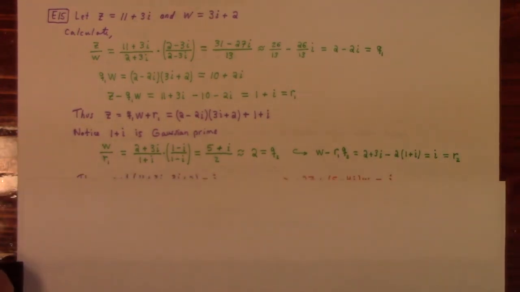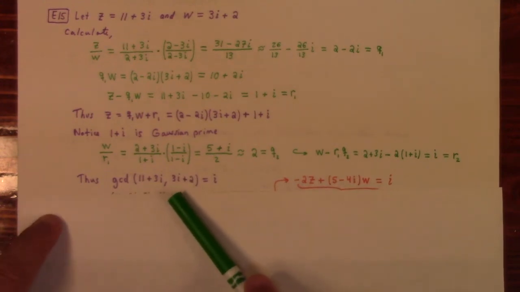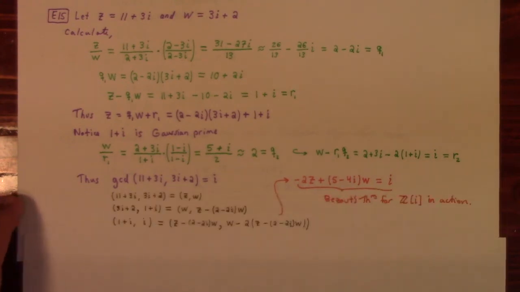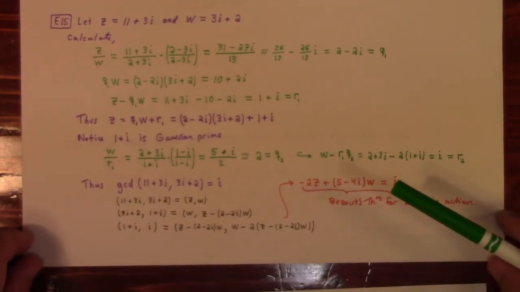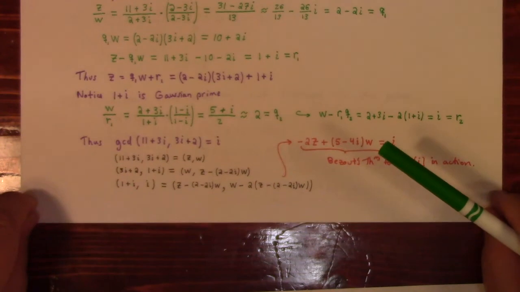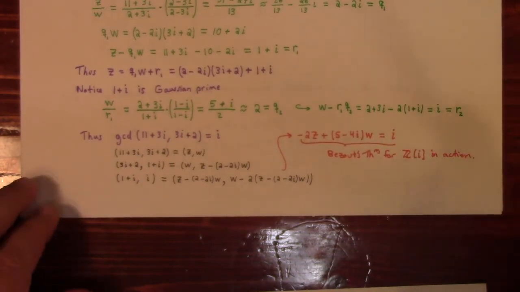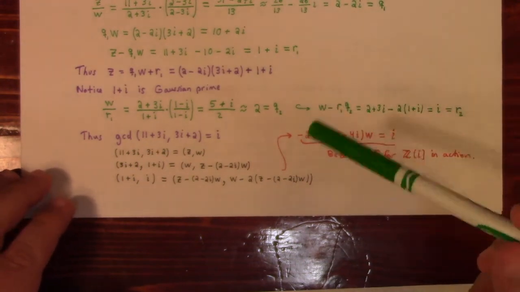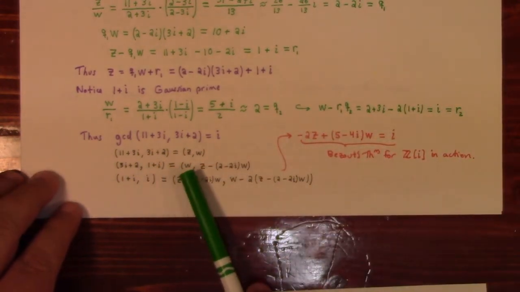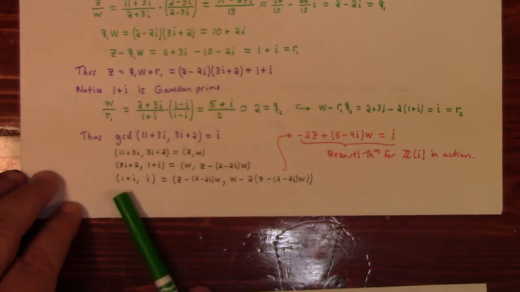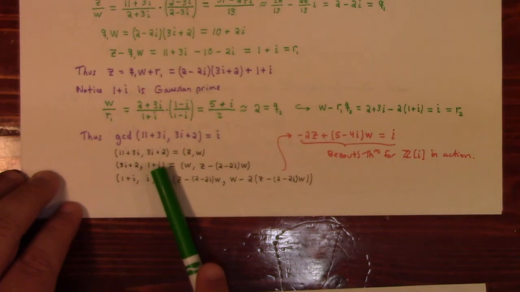At least I don't. And so the GCD of 11 plus 3i and 3i plus 2 is in fact equal to i. And down here is the vector Euclidean algorithm, where I'm just going through the steps above in the usual notation, although it's unusual because we haven't done this before. So 11 plus 3i and 3i plus 2 is z, w.